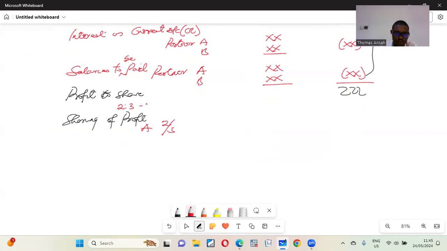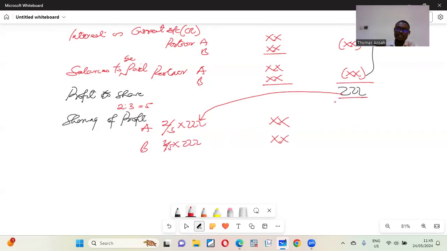Because the total is 5. You multiply by the figure that you have there, and you put A's share over here. Then B will be 3/5 multiplied by that figure, and you put that one here. This is a balancing figure.